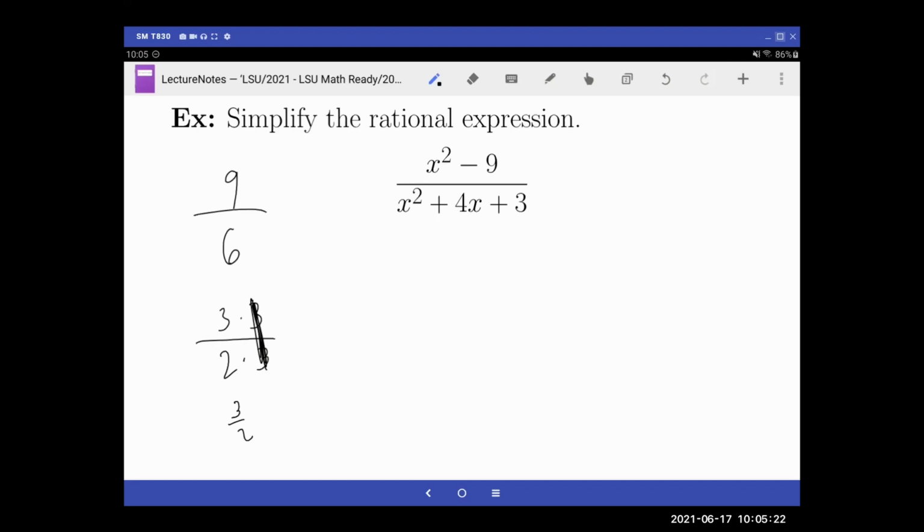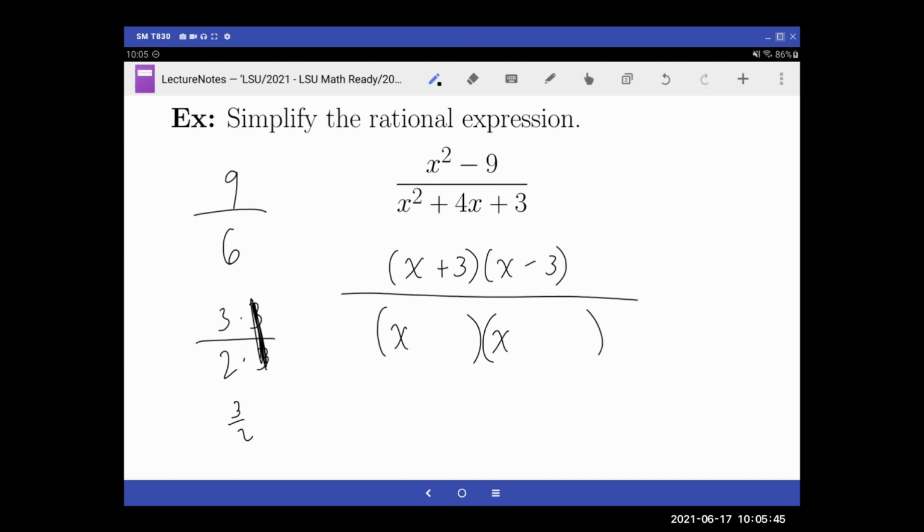So I'm going to factor it. Hopefully by now you recognize the numerator x squared minus 9 is a difference of squares. So x plus 3, x minus 3, where x and 3 come from the square roots of these right here. That's the numerator. The denominator can be a little bit trickier, but this is one that you can do just by looking at it.